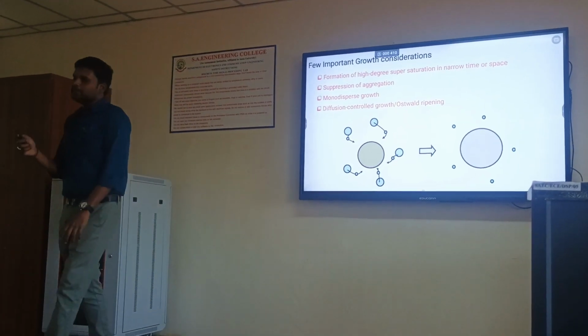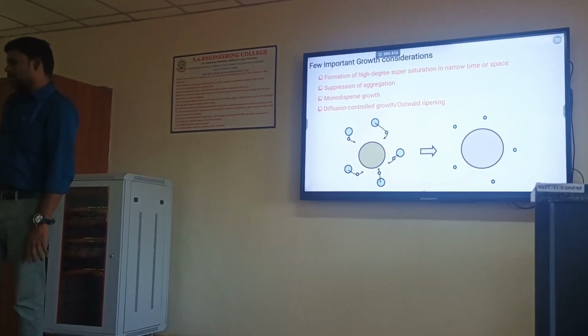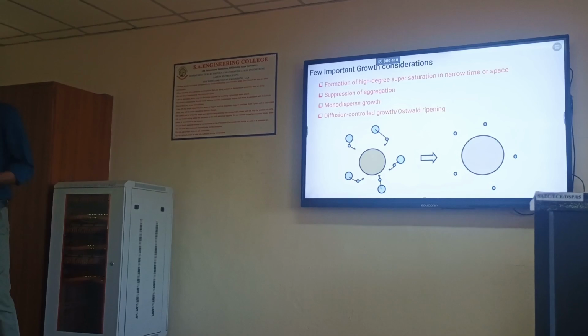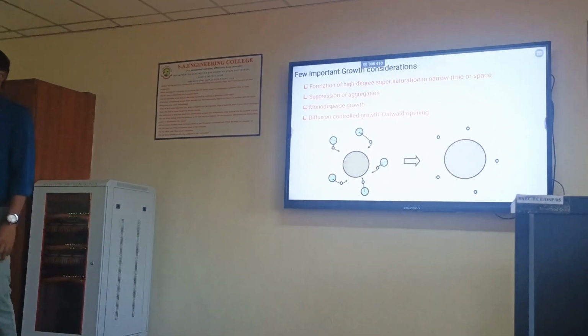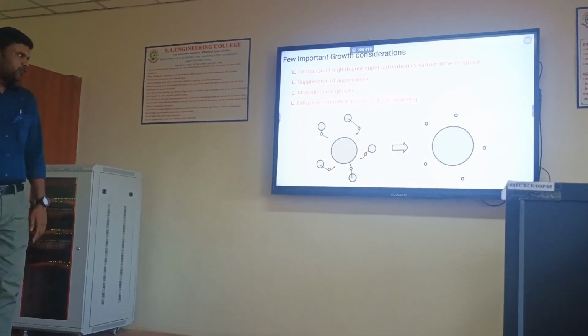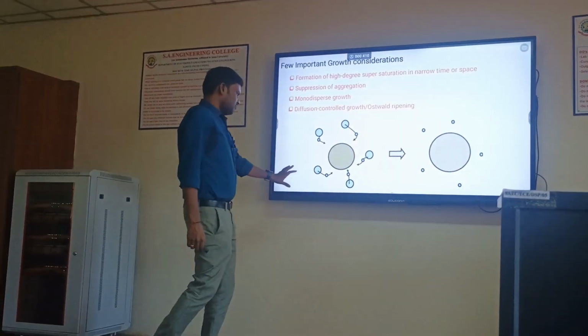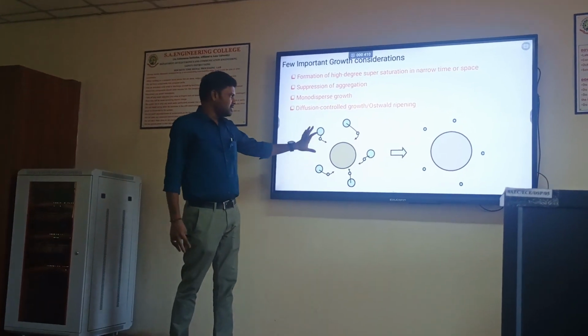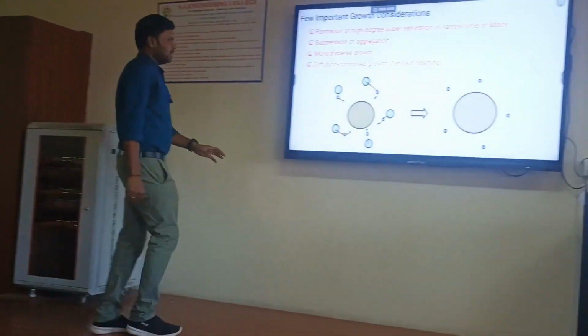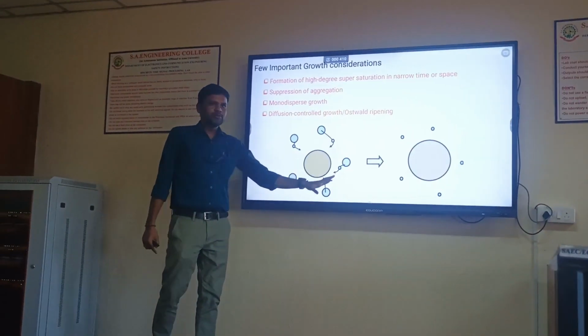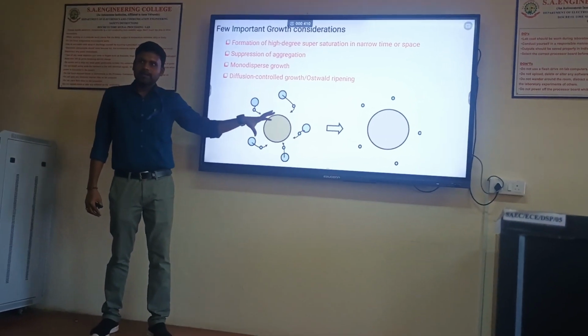So before we go for the actual discussion on chemical synthesis or the bottom-up approaches, there is a term called Ostwald ripening. I have put it over here. You just consider all these as smaller sized nanoparticles. You have one bigger nanoparticle, surrounded by 4-5 smaller nanoparticles.